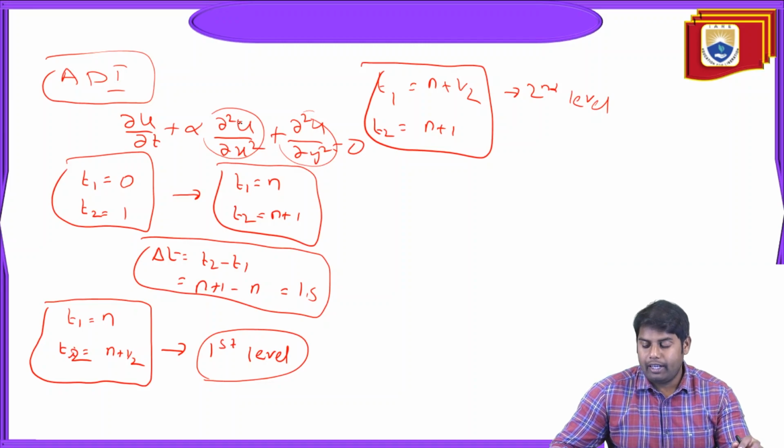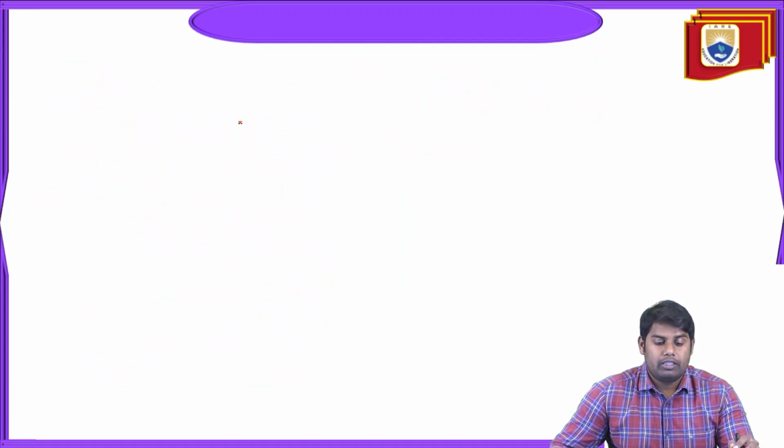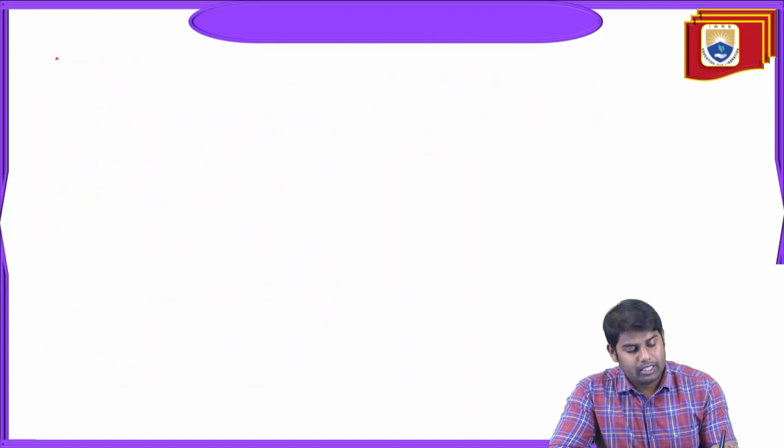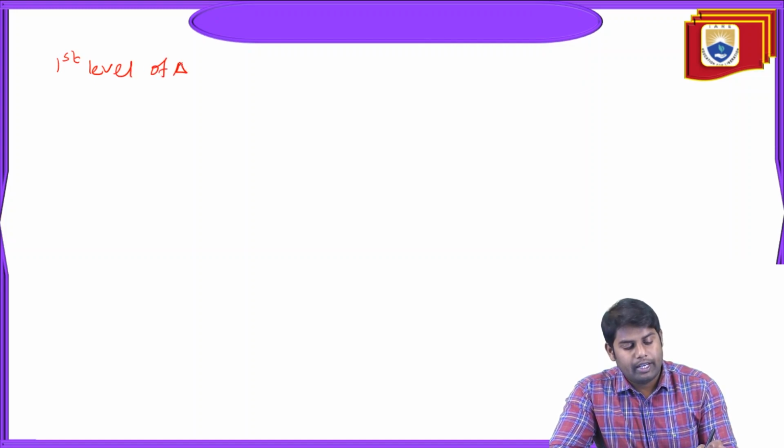We will see in detail what happens in the first level and in the second level. So let us see what happens in the first level of the ADI method.